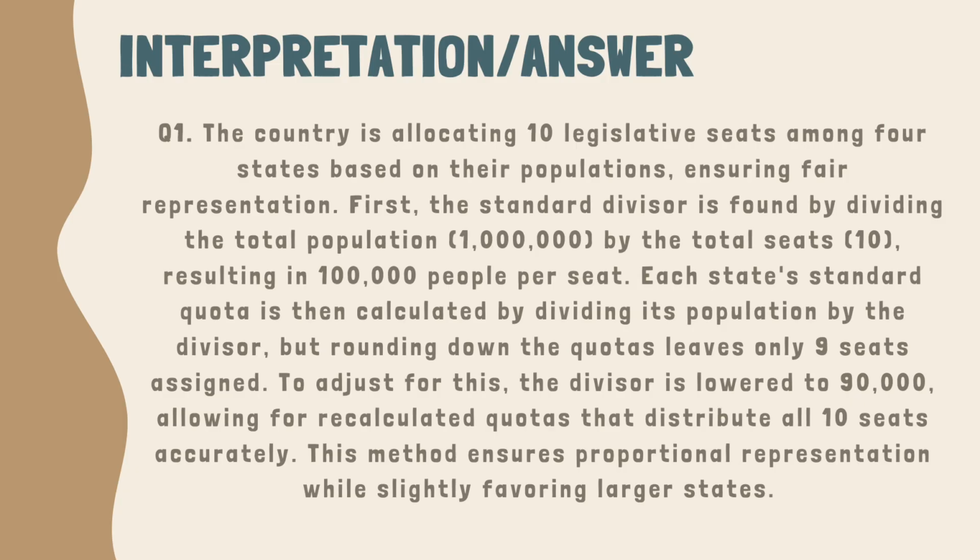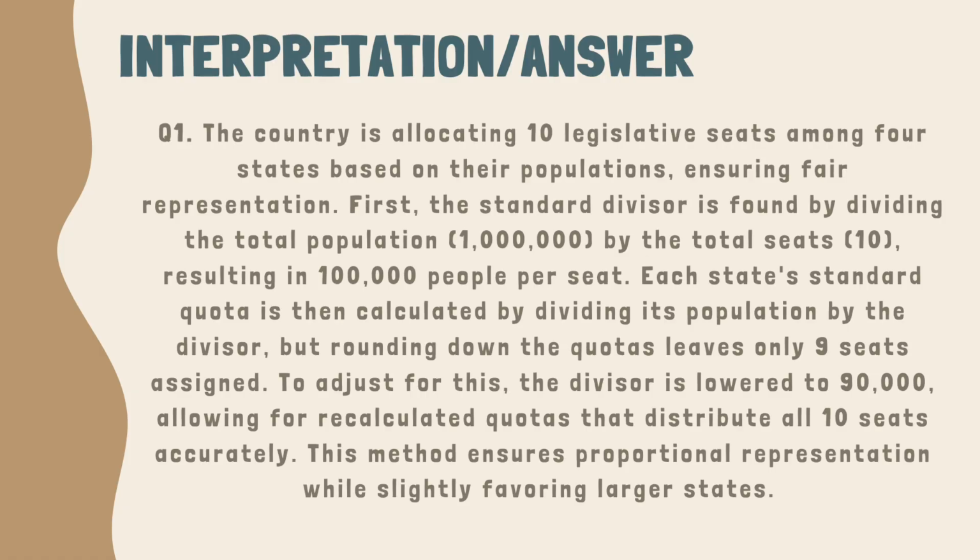So for the interpretation, for question number 1, the country is allocating 10 legislative seats among 4 states based on their populations, ensuring fair representation. First, the standard divisor is found by dividing the total population, which is 1 million, by the total seats of 10, resulting in 100,000 people per seat.